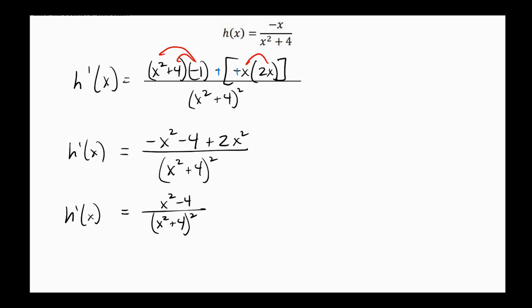I got x squared minus 4 on top, x squared plus 4, quantity squared, on the bottom.